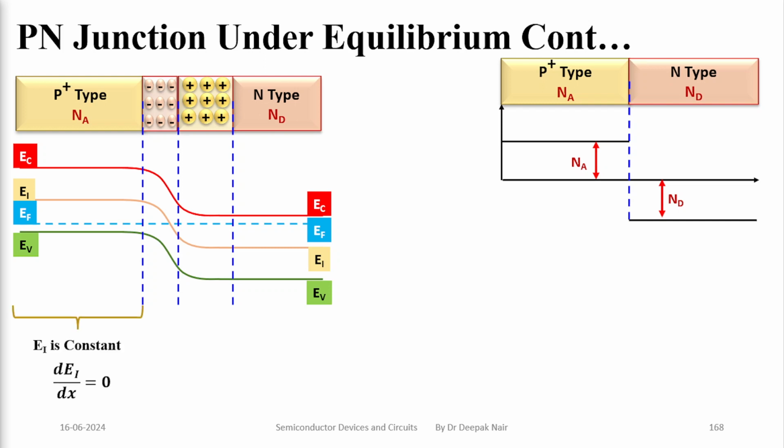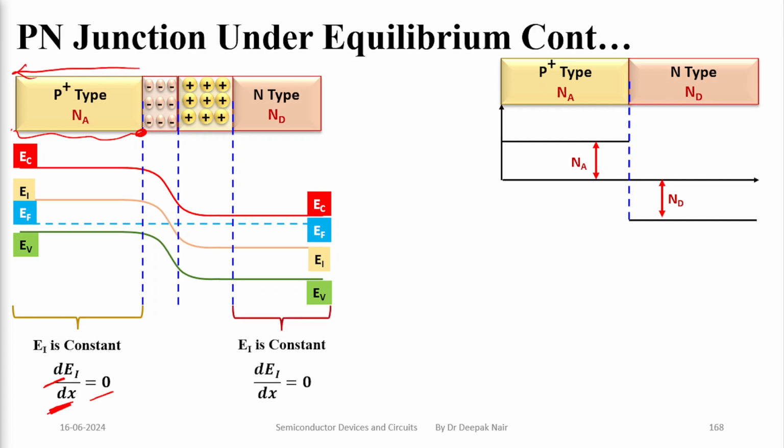Now what we can observe from here: beyond this junction we have this P-type semiconductor, and the rate of change of charges beyond the junction is almost constant. So dEi/dx, the rate of change of Ei with respect to distance x, is 0. So there is no change of carrier concentration in the P-type semiconductor beyond the junction.